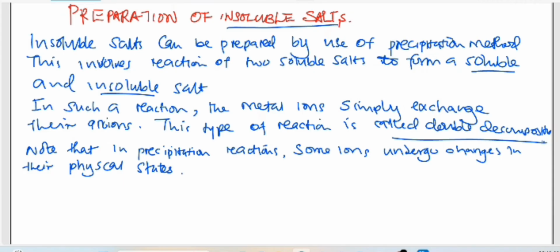For example, an ion can change from solid state to aqueous state.